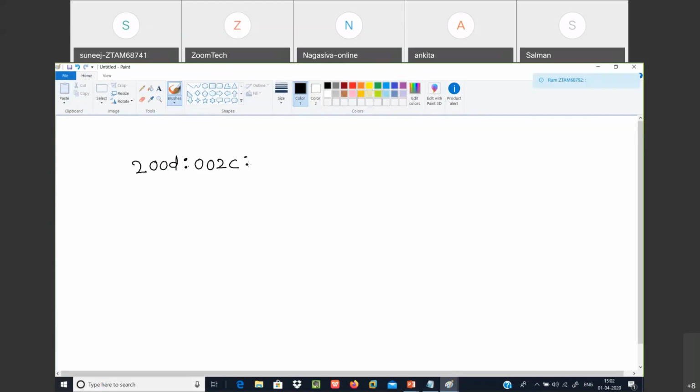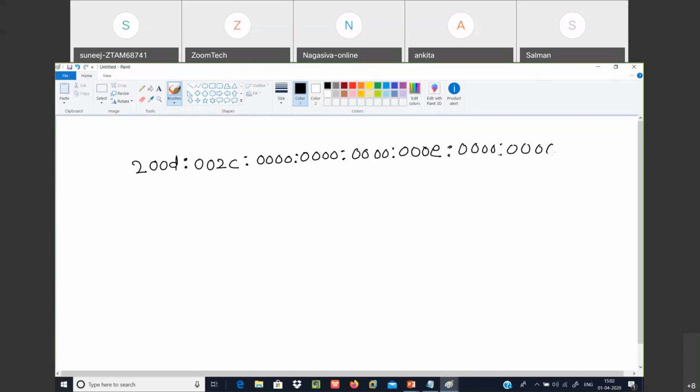Then colon 0, 0, 0, 0, the third quartet, and the fourth quartet also 0, 0, 0. Now, how many quartets have been finished? 1, 2, 3, 4, 5. So 3 more are required. Let me write 3 more here: 0, 0, 0, E, colon 0. It's my example.